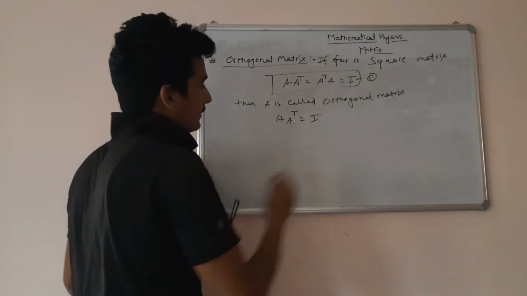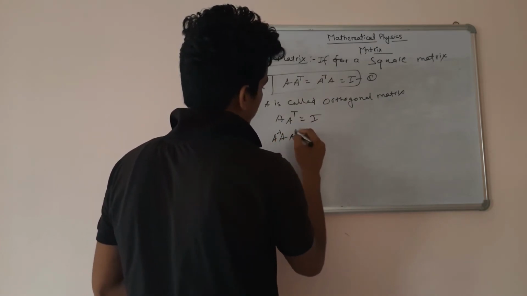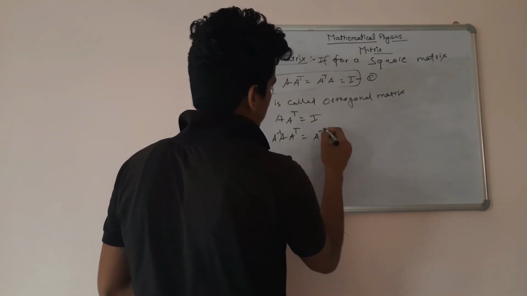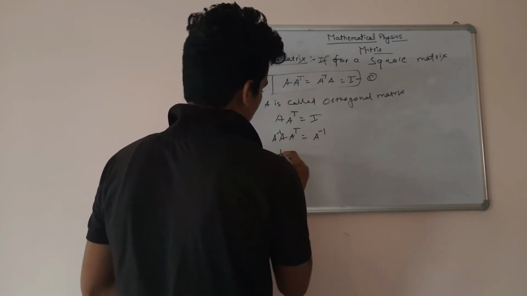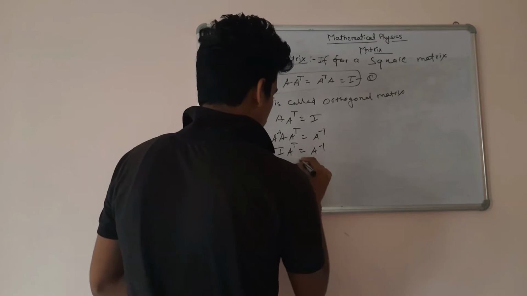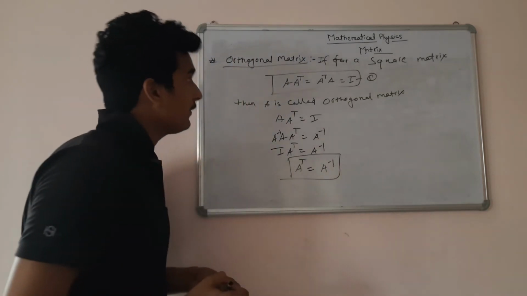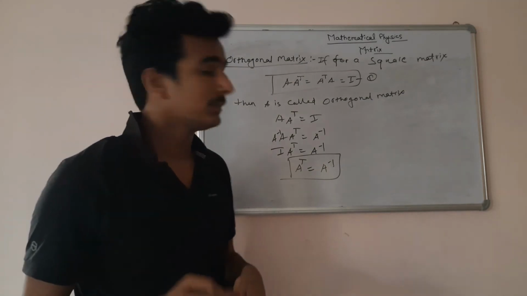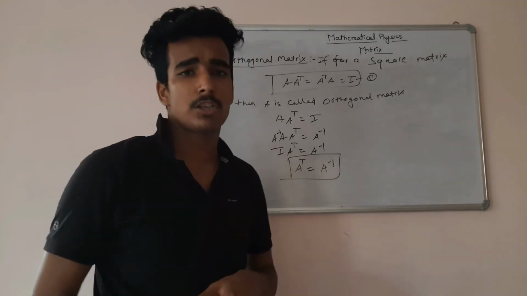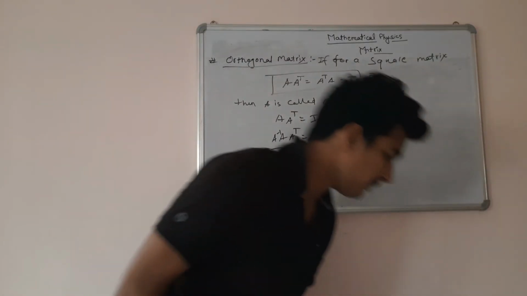Now multiply A inverse on both sides: A inverse A transpose A equals A inverse. So this becomes the identity matrix. The result from this simplification is that if a matrix is orthogonal, then its inverse is equal to its transpose. This is a basic description of an orthogonal matrix.